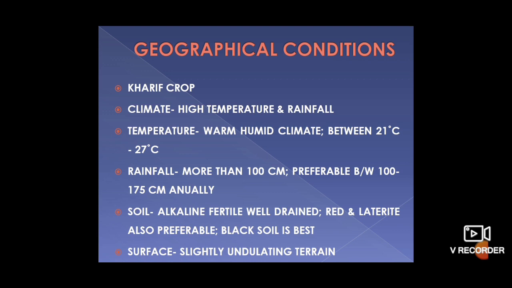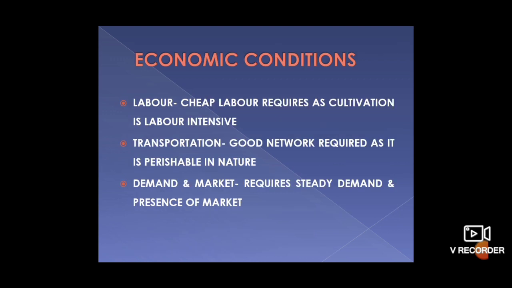However, saline soil with calcium carbonate is also desirable. The volcanic or the black lava soil is also best for the growth of sugarcane. Waterlogging is injurious to the growth of sugarcane. Hence, slightly undulating relief is preferable for sugarcane cultivation.